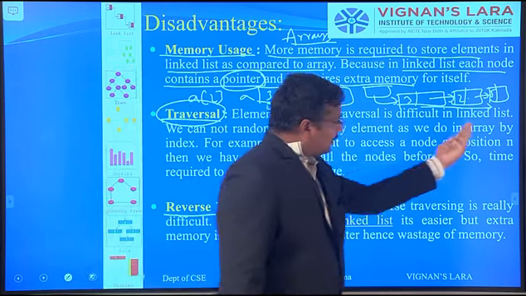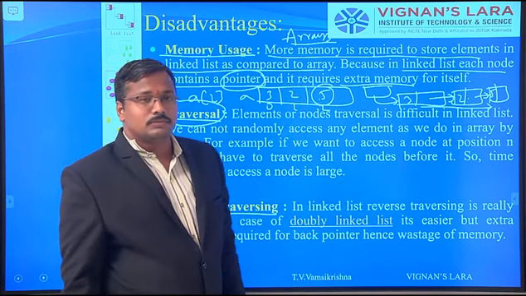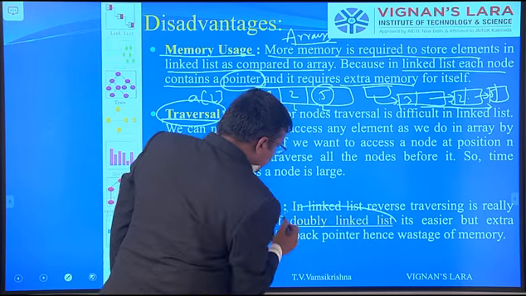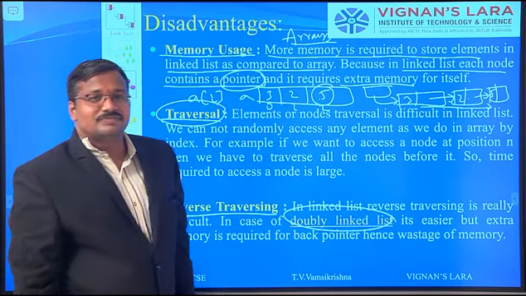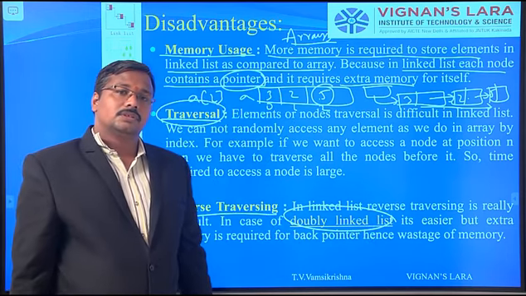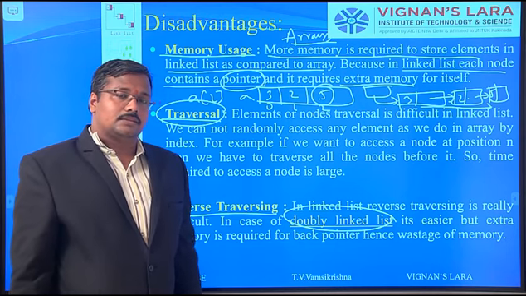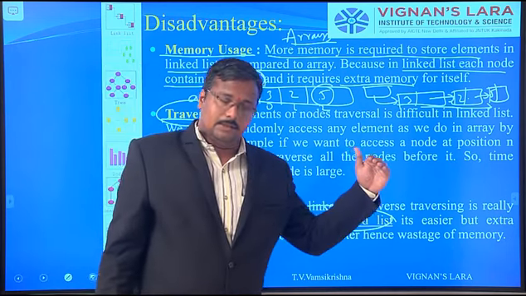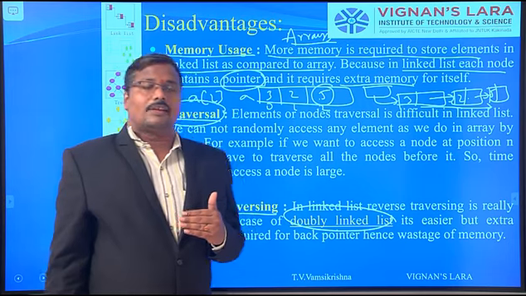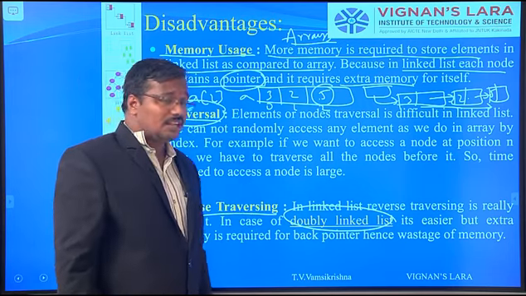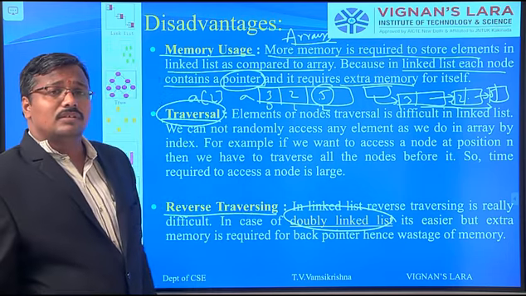Whenever you want to travel in the backward direction, it is not possible. That's why we are going to learn about the double linked list, whose specialty is that you can travel in the forward or the backward direction also. So these are the disadvantages of the single linked list.